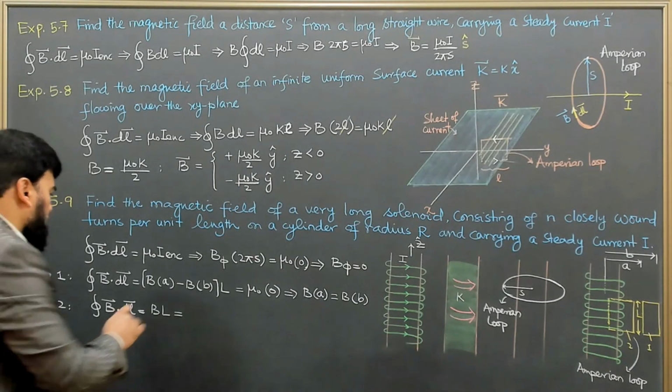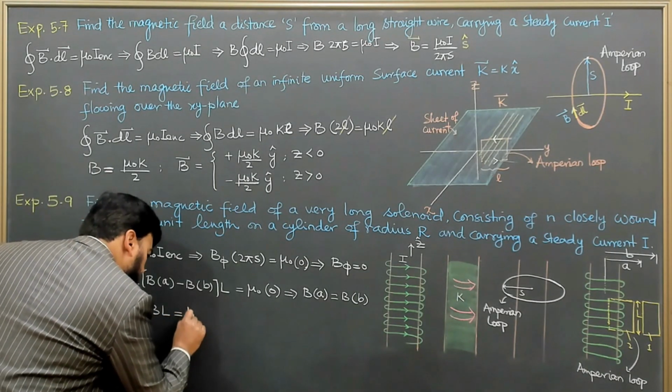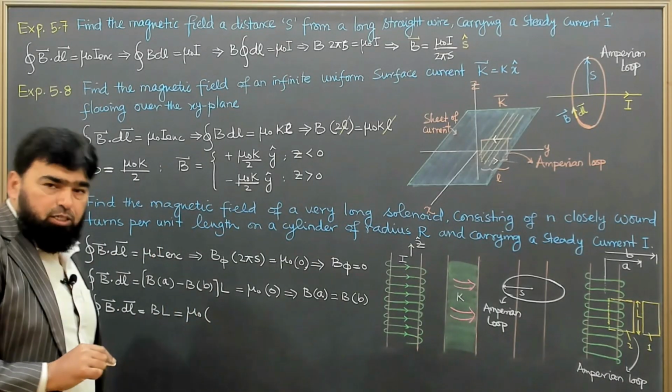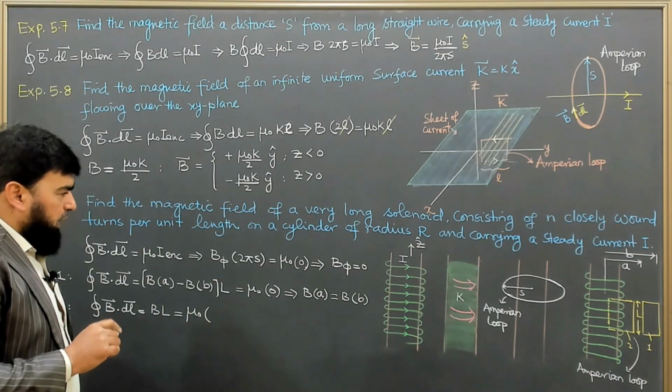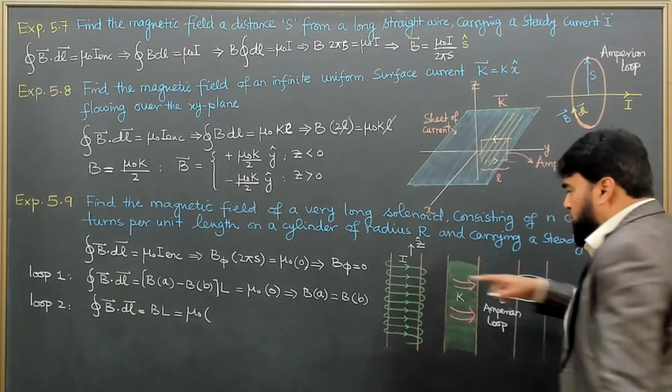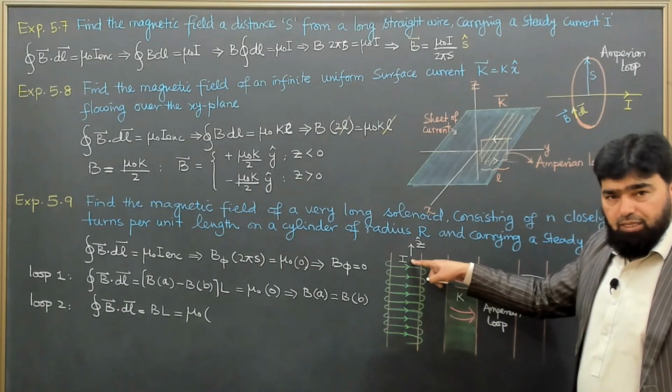And this is equal to mu naught. And now, what is the enclosed current?